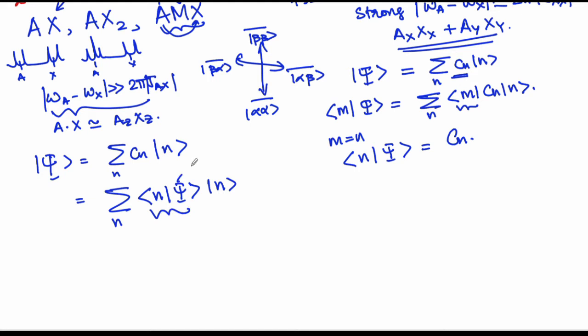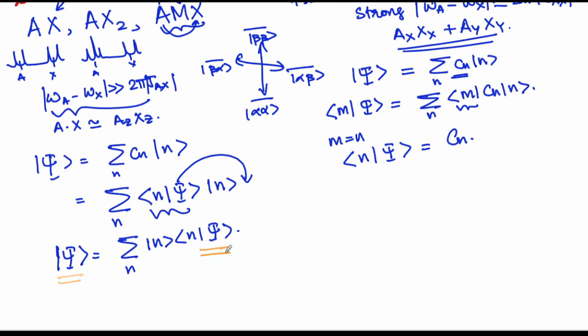Since this is a number, you can always move it to the other side. So therefore, capital psi will be given as the sum over n of ket n bra n times psi. If you pay close attention, on both the sides you have the ket of psi. So all that indicates that this has to be equal to 1.